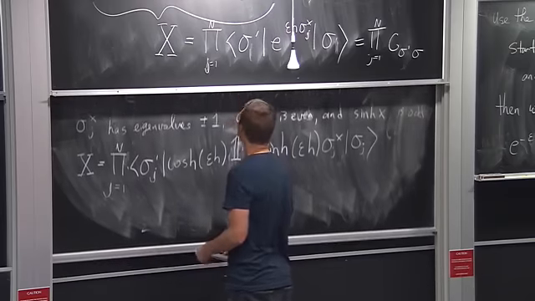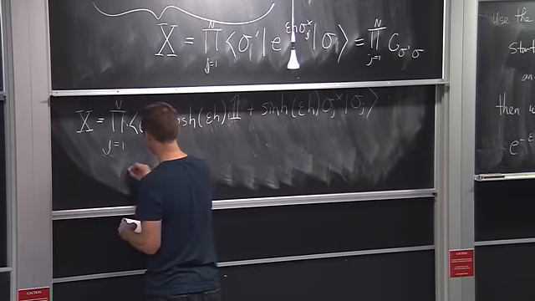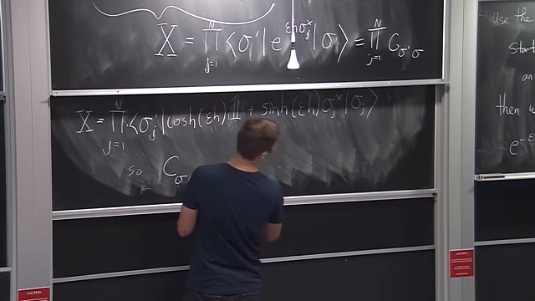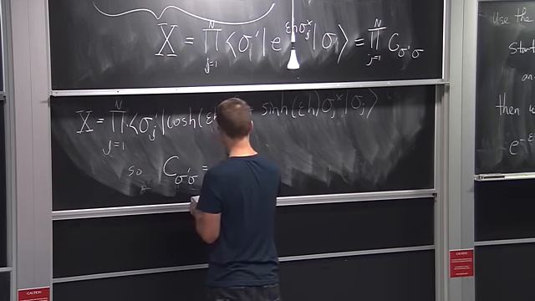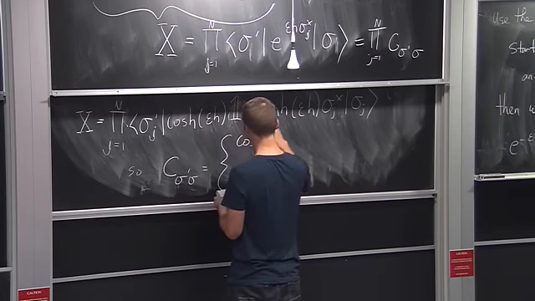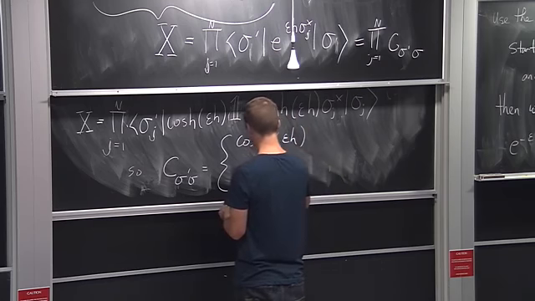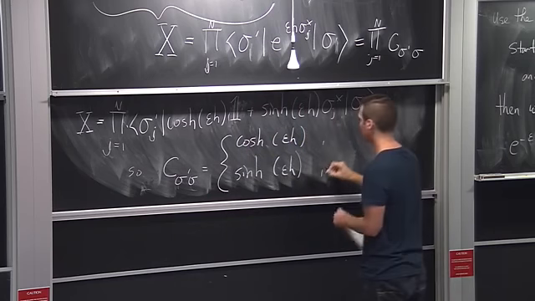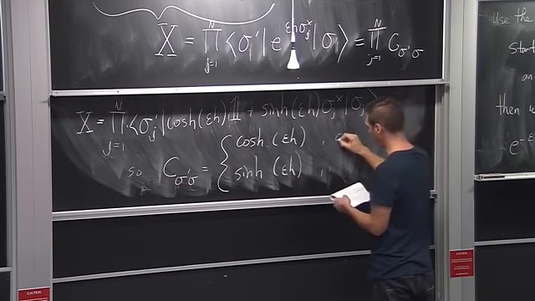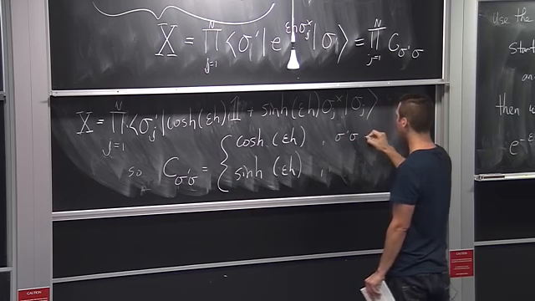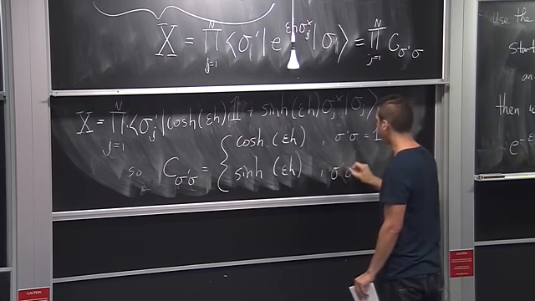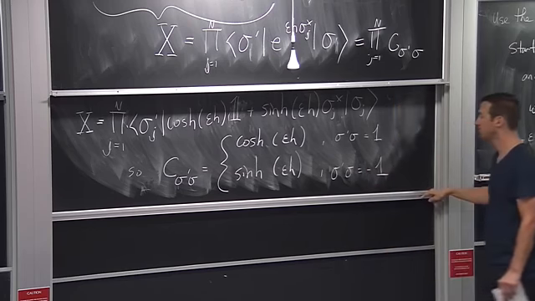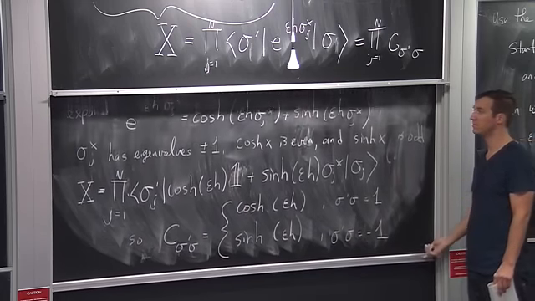So that 2 by 2 matrix, sigma prime sigma, is hyperbolic cosine when the product is 1, and when the product is minus 1, it's hyperbolic sine.